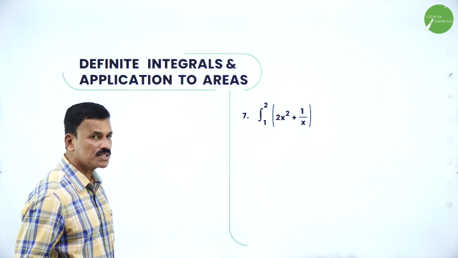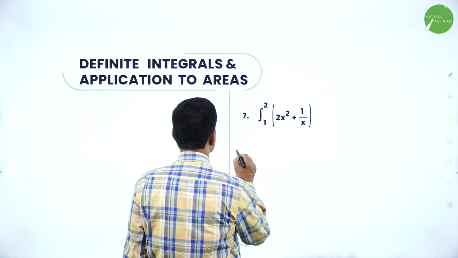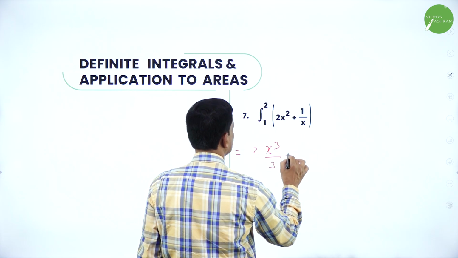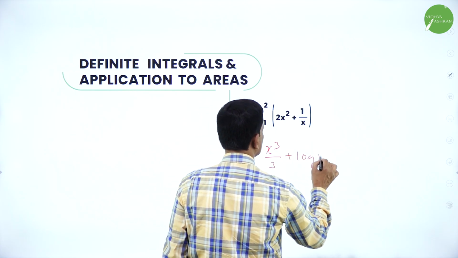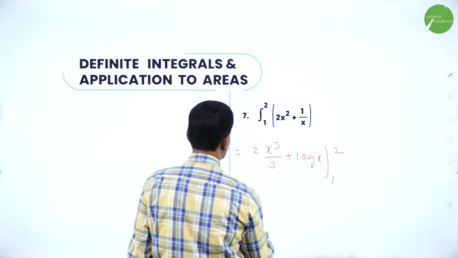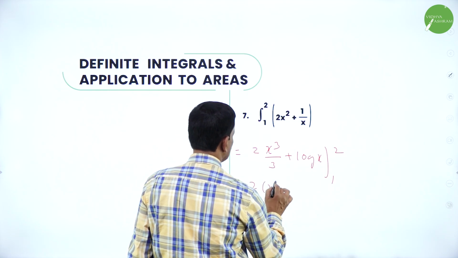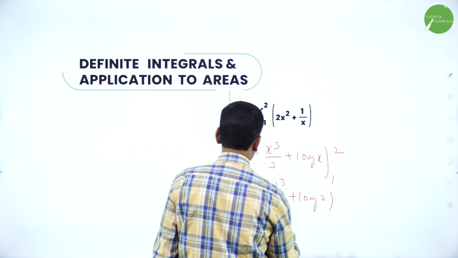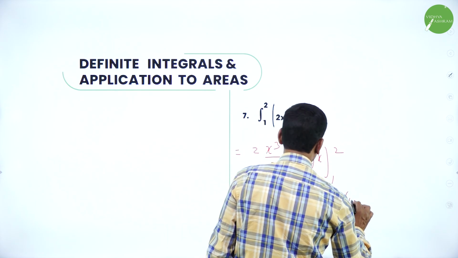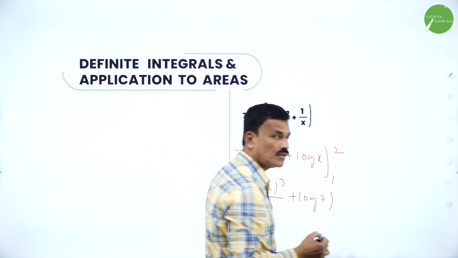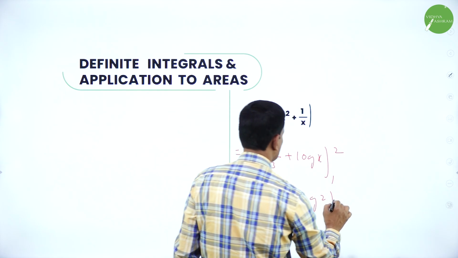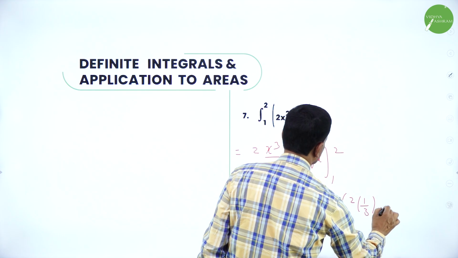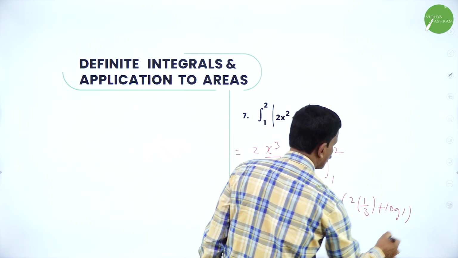Integral of 2x square plus 1 over x between limits 1 to 2. So integration of x square is x cube by 3, so 2x cube by 3, plus integration of 1 over x is log x, between limits 1 to 2. Apply the limit: 2 into 2 cube divided by 3 plus log of 2, minus, apply the lower limit. The lower limit is 1: 2 into 1 cube divided by 3 plus logarithm of 1.